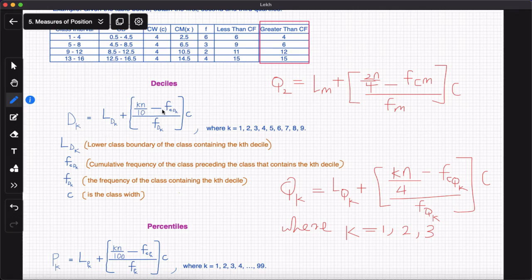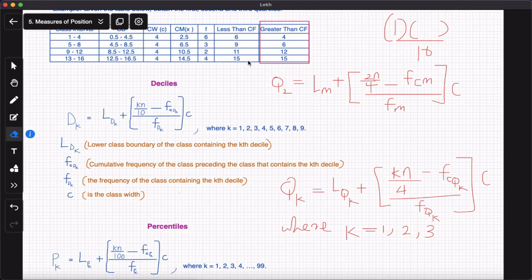All right, so how do you get this? If for instance you're interested in the first decile, K will be 1. So 1 multiplied by N divided by 10.